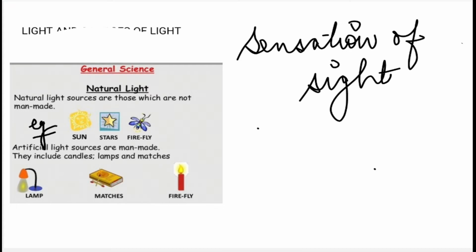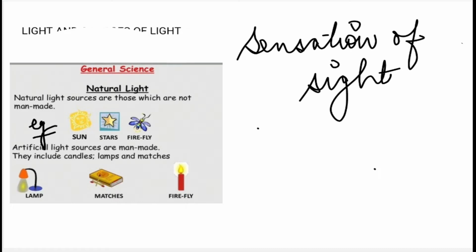After that we have artificial sources of light. What are artificial sources of light? As the name indicates, they don't emit light of their own. For instance, we have lamps, electric bulbs, tube lights, matches, candles. These are examples of artificial sources of light.